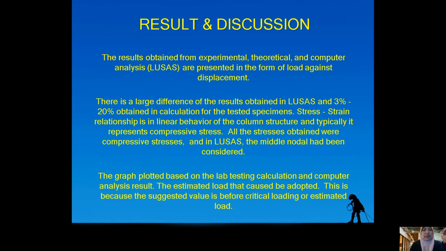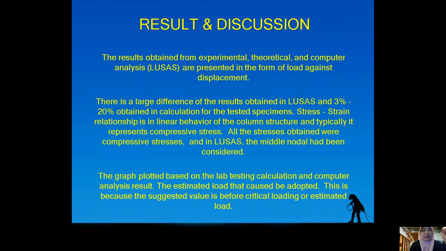There is a large difference between the results obtained in LUSAS and the 3% to 20% obtained in calculation for the tested specimens. The stress-strain relationship is in linear behavior of the column structure, and typically it represents compressive stress. All the stresses obtained were compressive stresses, and in LUSAS the middle nodal had been considered.